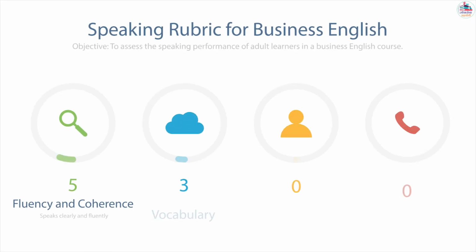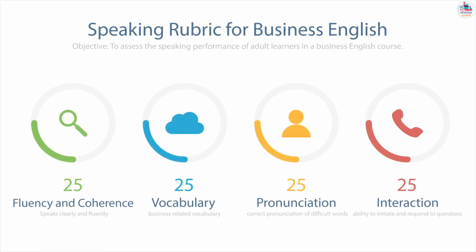Similarly, speaking rubrics for business English. If you make the speaking rubrics for ELT students, for example business English speaking rubrics, we have to assess the speaking performance of learners in a business English course.